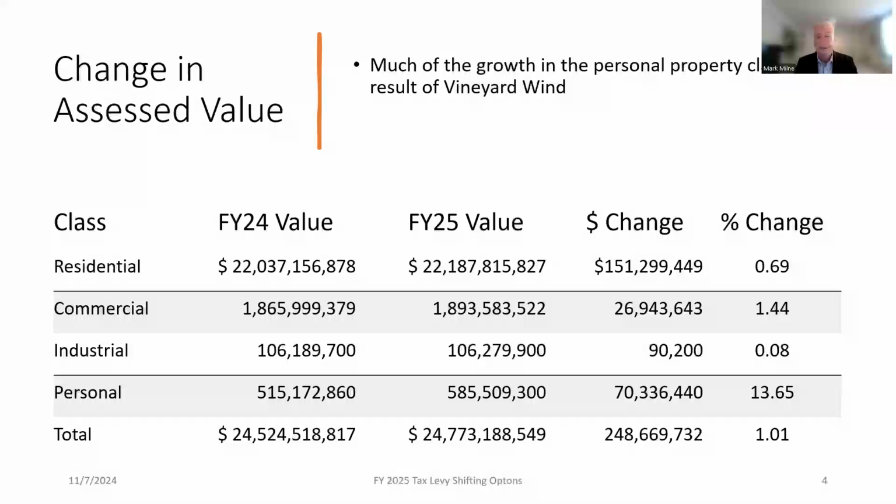Another significant portion of that infrastructure was recognized in fiscal year 25, and that's the bulk of that growth of $70 million that we see in the overall assessed value for that class of property. Overall, the town's assessed value increased from 24.5 billion to 24.8 billion, or about 1%.